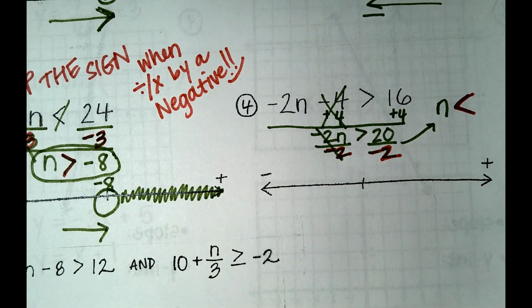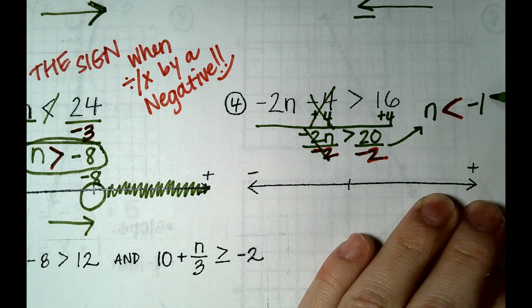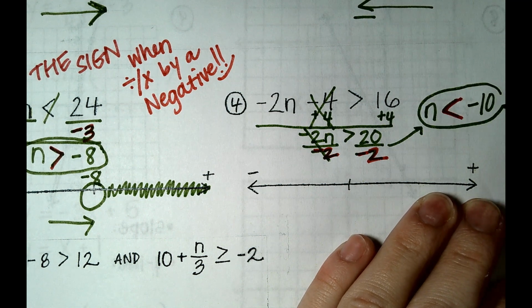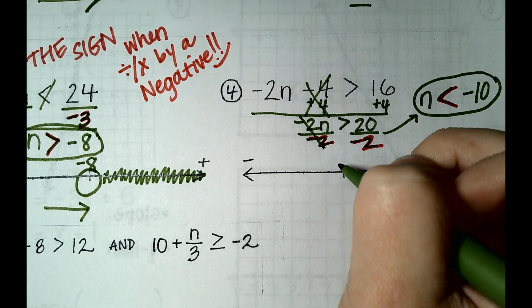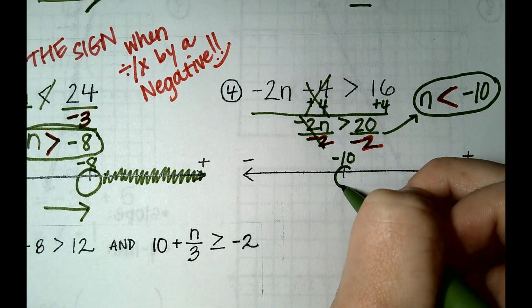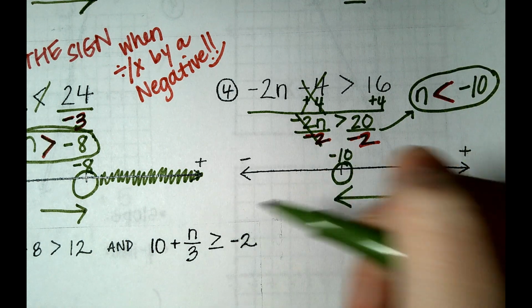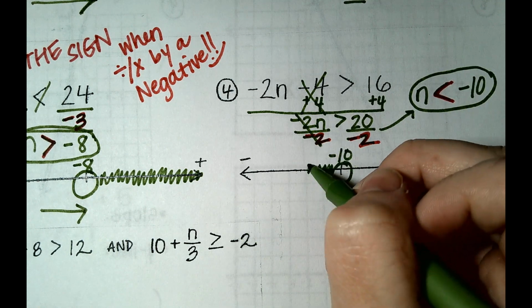Flip the sign. And 20 divided by negative 2 is negative 10. Perfect. Good. Good. Less than. The arrow points left. We shade to the left.